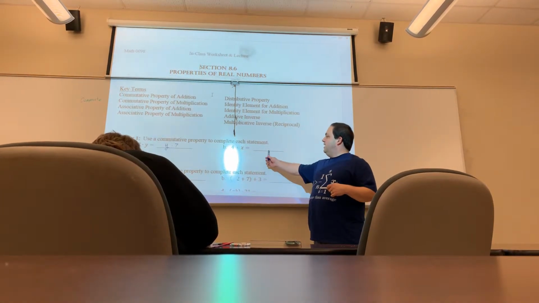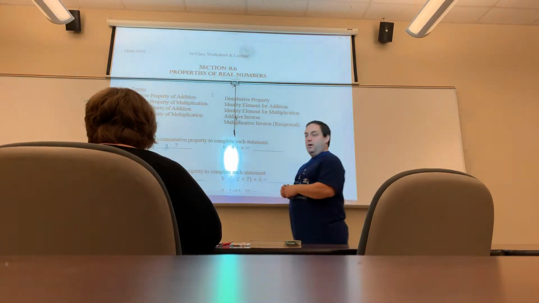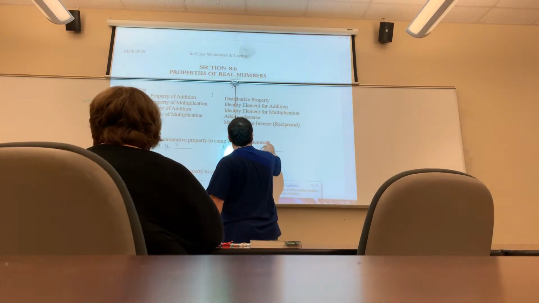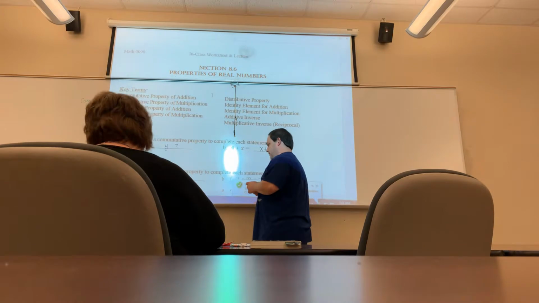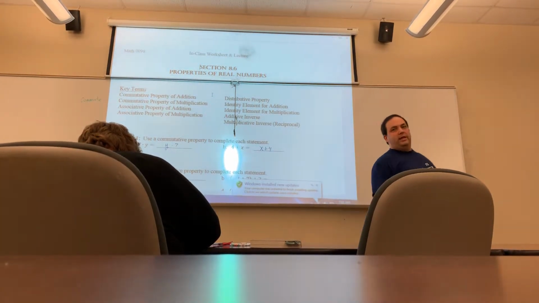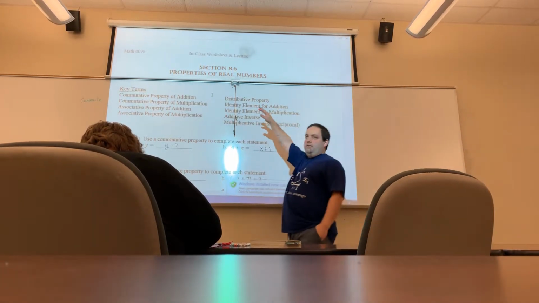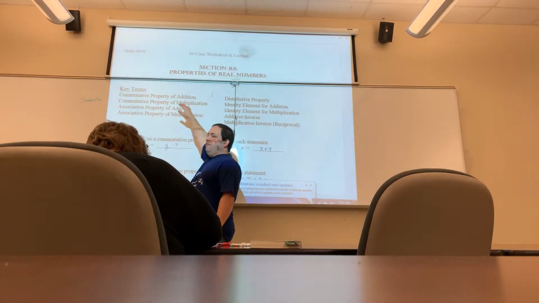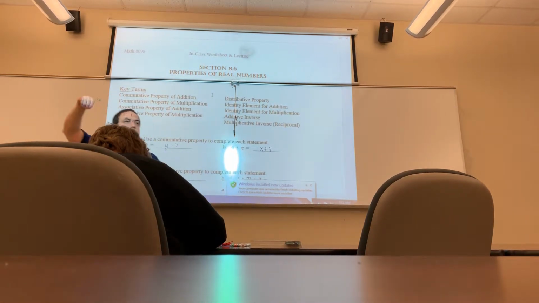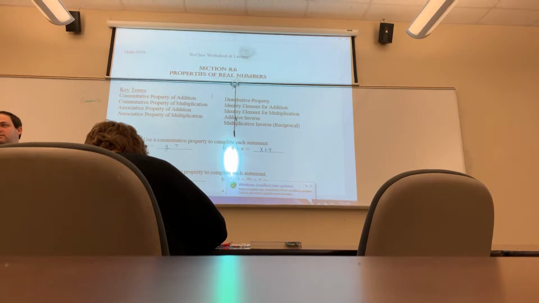So what's this next one? X plus 2, right? I'm changing the order of them. Notice the two operations that we're doing there, addition and multiplication. And technically in the key terms, in the definitions up here, they each have their own property. The commutative property of multiplication, commutative property of addition.